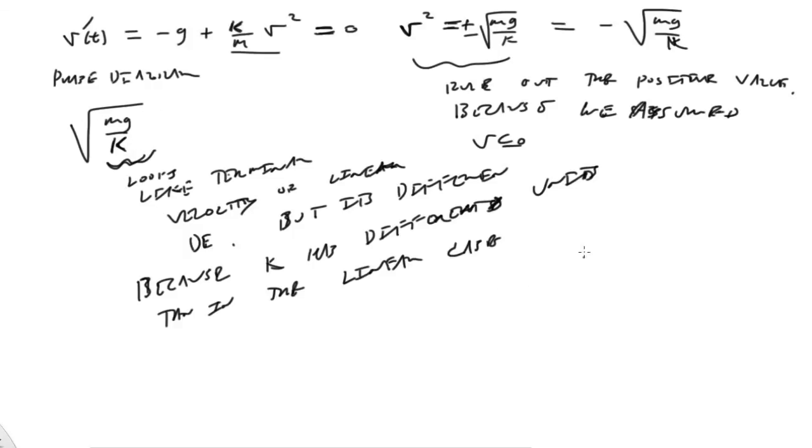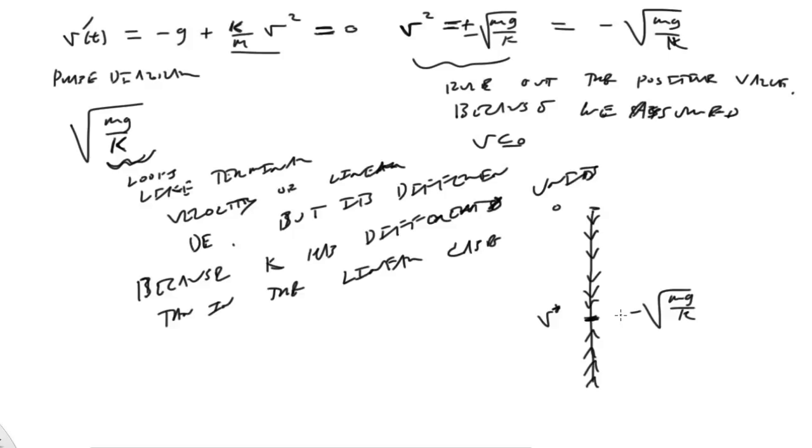At any rate, what we have in this case is this critical point, negative root mg over k. And again, we have the same issue where it'll eventually get stable at that point. Again, this is all for v less than 0.